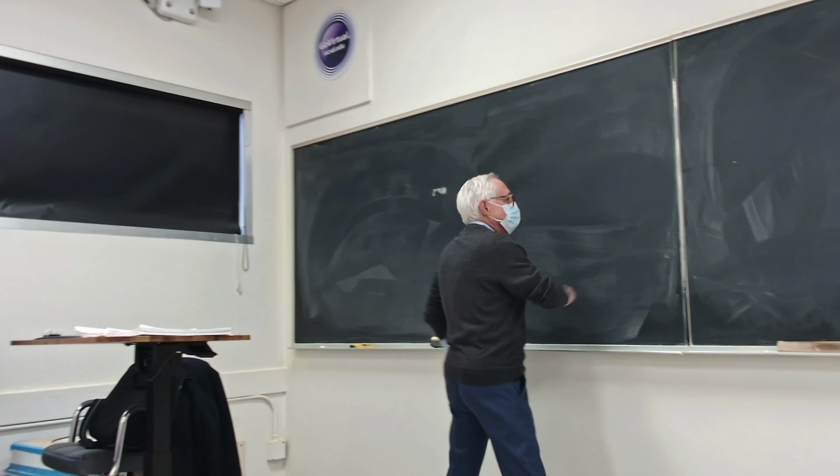We saw that if this is a control volume with some inlets, exits, and let's say flow in, right? We put an imaginary control surface around this.